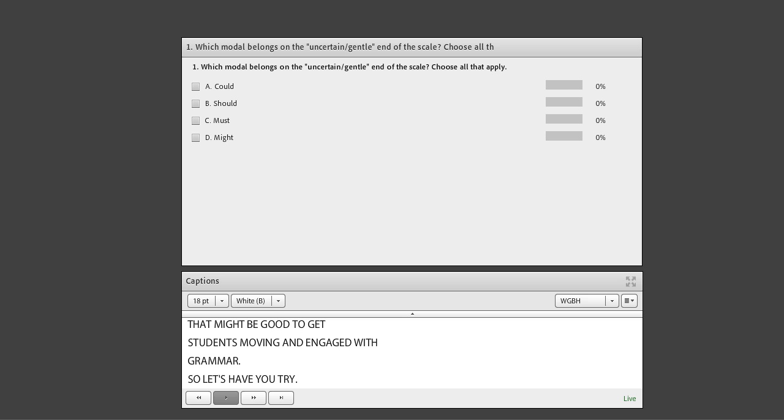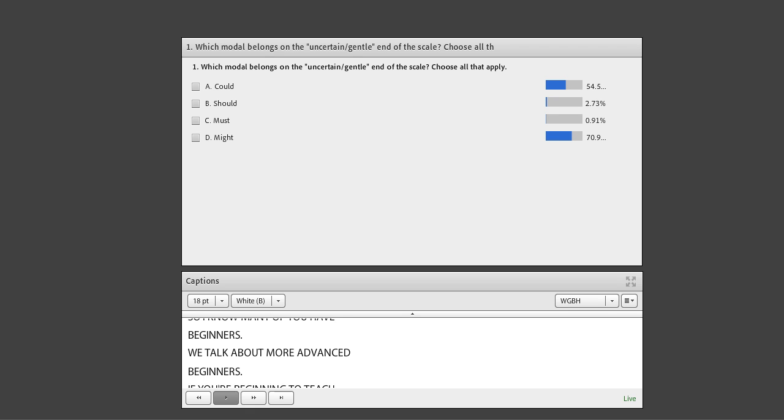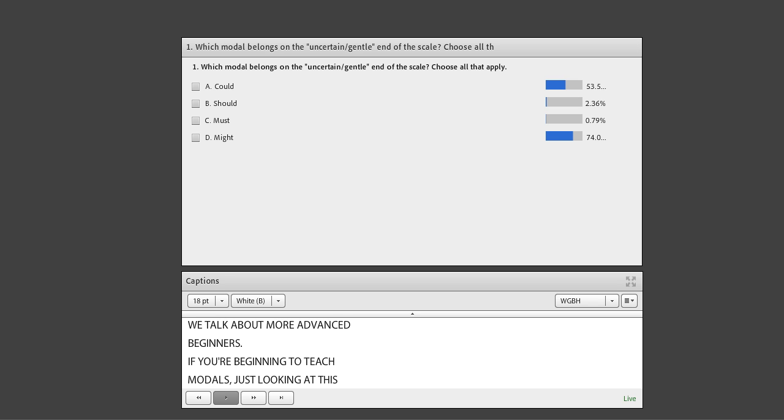So I know many of you have beginners, and we talked about making some of these activities appropriate for beginners. If you're just beginning to teach modals, you might just look at the modal verbs. So you could ask the question, which modal belongs on the uncertain or the gentle end of the scale? You can choose all that apply, so there might be more than one. Could, should, must, or might.